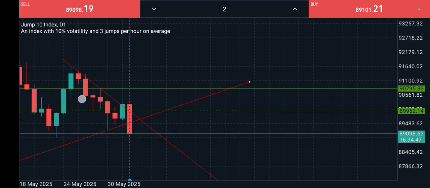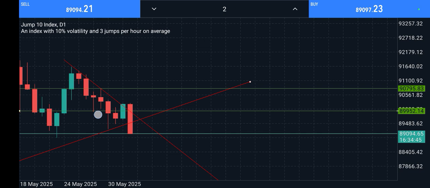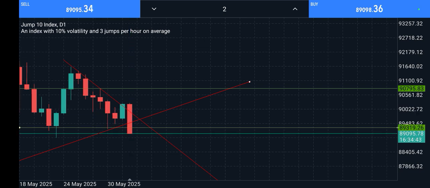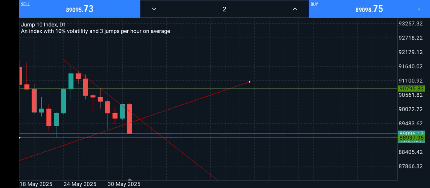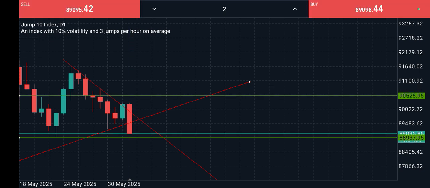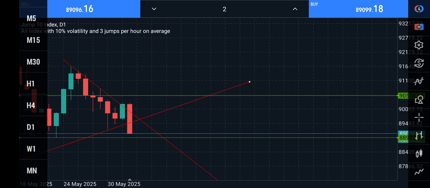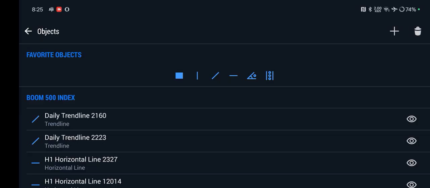You see each candle here, each candle here, each candle here, they spent a day to form. So this is day 1, 2, 3, 4, 5, 6, 7, 8, 9. Let me get a tool to analyze what I just did.